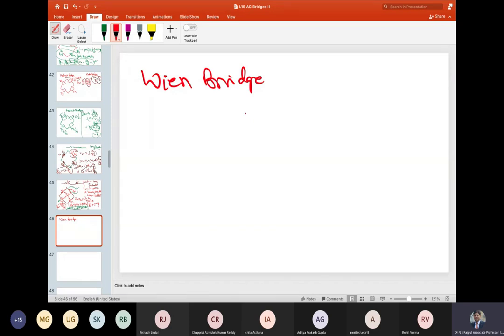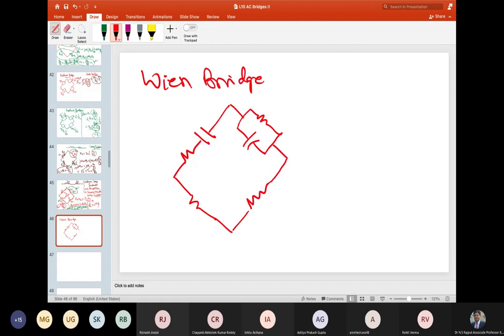So what the Wien bridge is, I can simply draw it this way. On one arm, I will have this. On the other arm, I will have resistance and capacitance, and then on the rest of the two arms, I will have typically this.